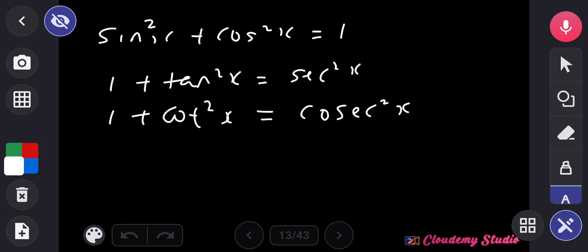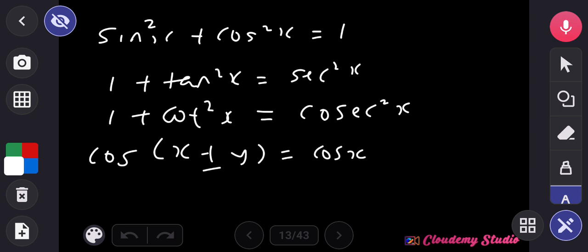We also have cos of x plus or minus y, which is equal to cos x cos y minus or plus sine x sine y, and so on and so forth. So these are trigonometric functions.